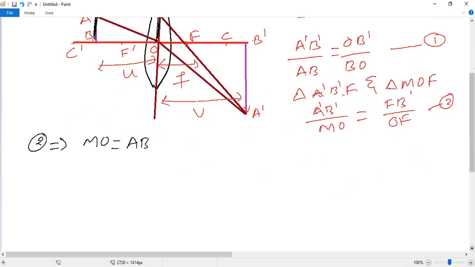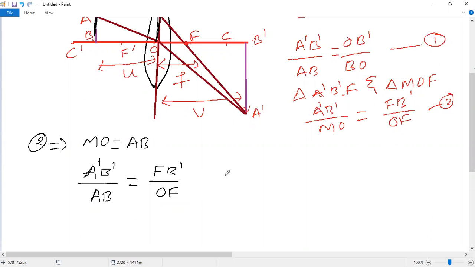So equation number 2 will modify: A dash B dash divided by AB is equal to FB dash divided by OF.